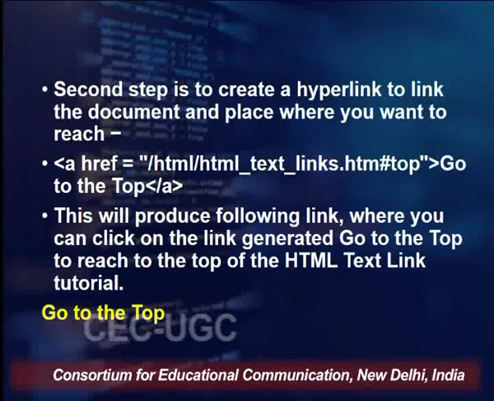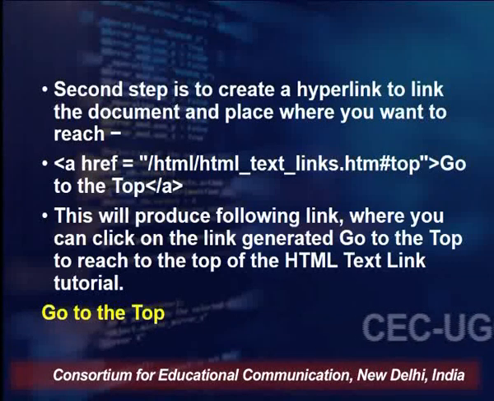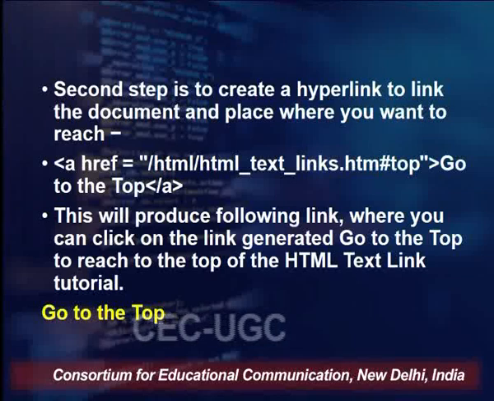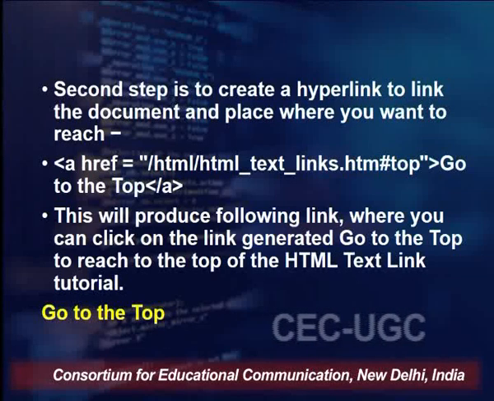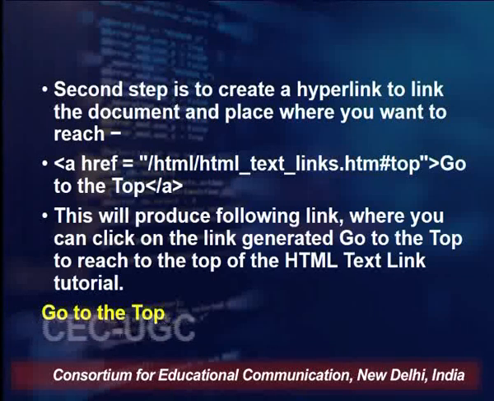So we have written a hyperlink reference equals the name of the HTML file, that is the same file presently because we are working in only one file, so file 1, whatever the name of the file is. Then there is a hash symbol and top.